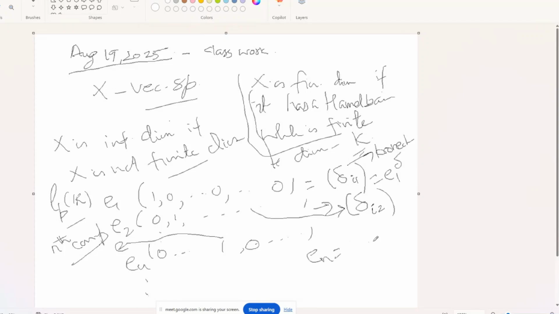The nth sequence is nothing but the Kronecker delta i n, the ith component of en. These are linearly independent, that's obvious. How many such vectors are there? Infinite. Therefore, it is not finite dimensional. Clear?